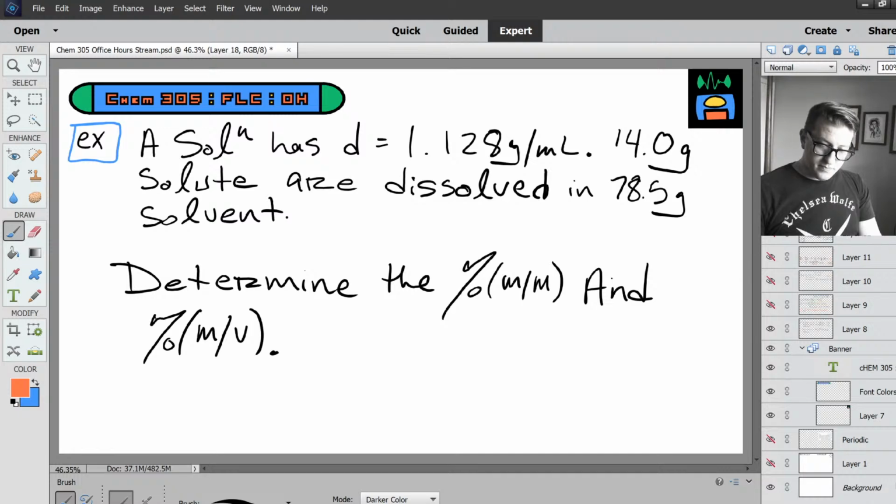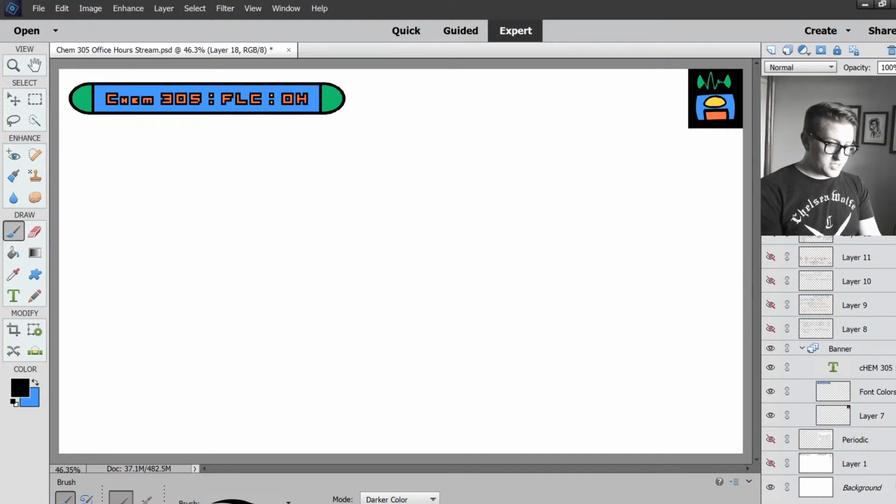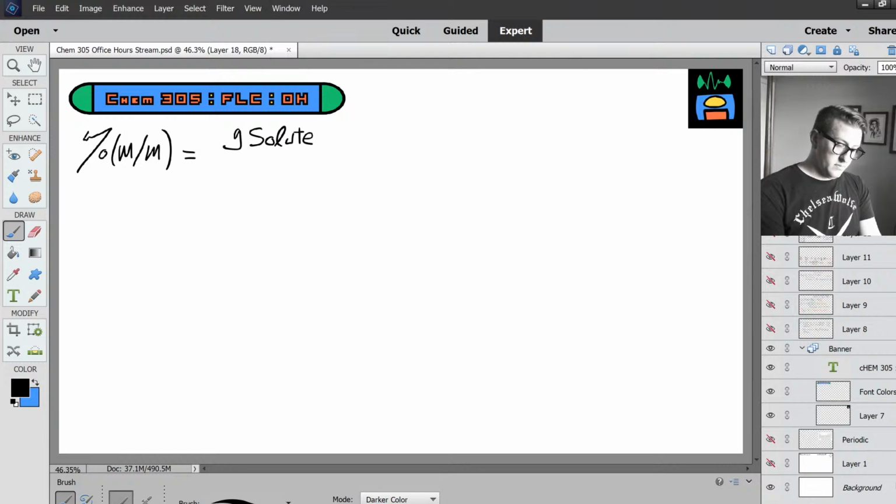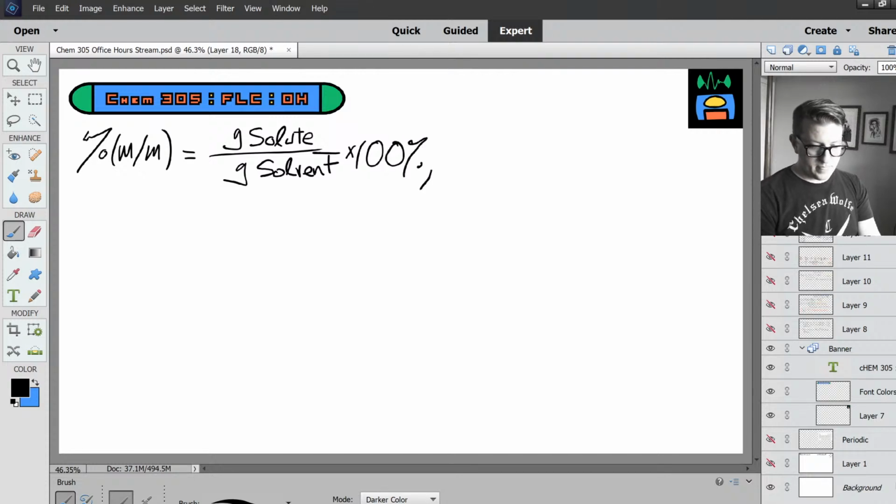Determine the percent mass and the percent mass to volume. Alright, so first I'm going to start with the percent by mass. This equals the grams of solute over the grams of solvent, times 100%. But the thing to remember is that we're given the grams of solute, but not the grams of solution.